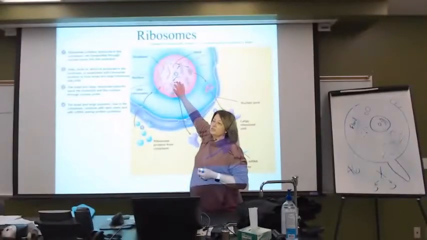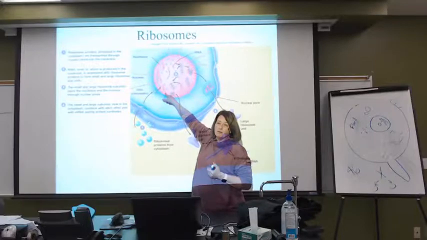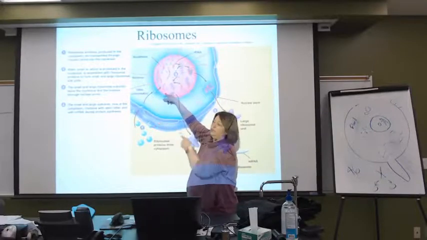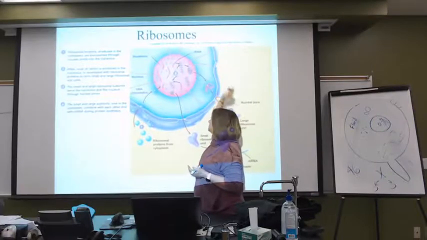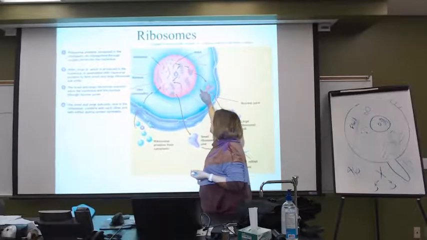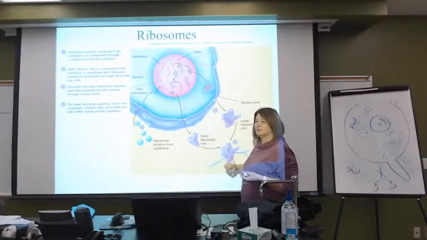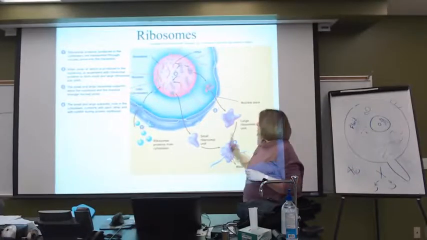This is giving us an idea of those ribosomes. This is DNA within our nucleus. Messenger RNA reads the gene, comes out of the nucleus, attaches to ribosomes. Ribosomes either make that protein and stay in the cell, or they make a product that leaves and goes out of the cell.